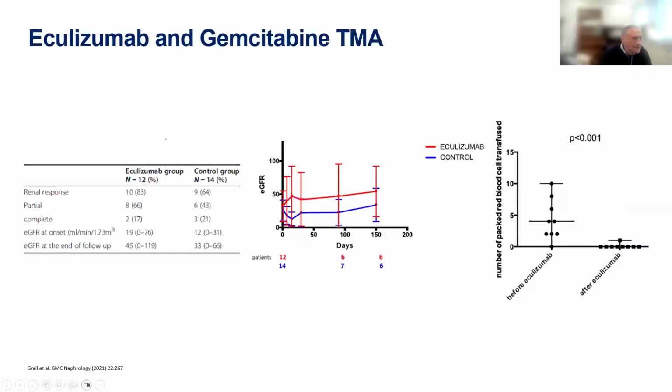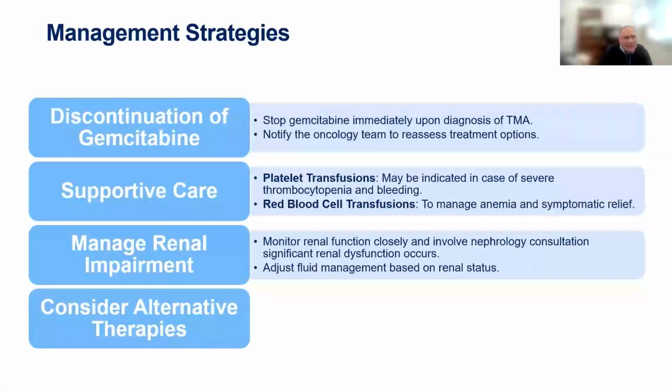So for these patients, what we do at our institution, and it has worked well for us, is to stop gemcitabine. There is no question. We have to stop it. Talk to your oncology team to decide what is next, because patients cannot be on gemcitabine anymore.